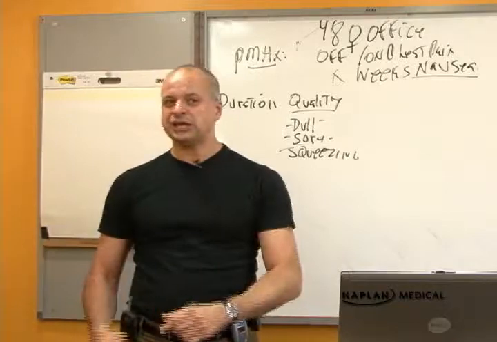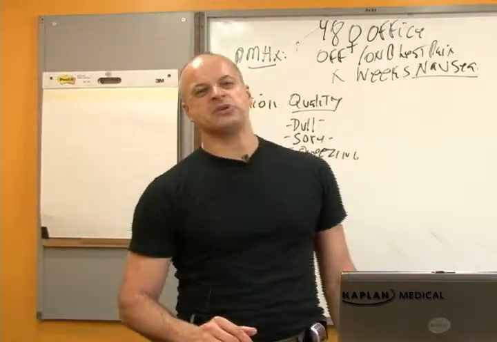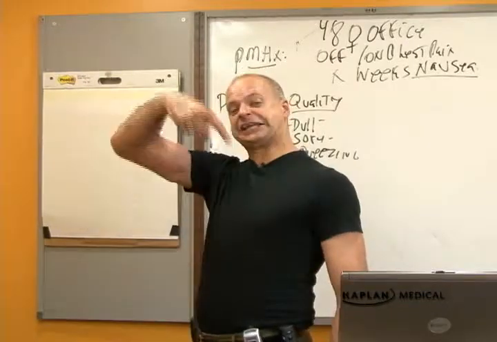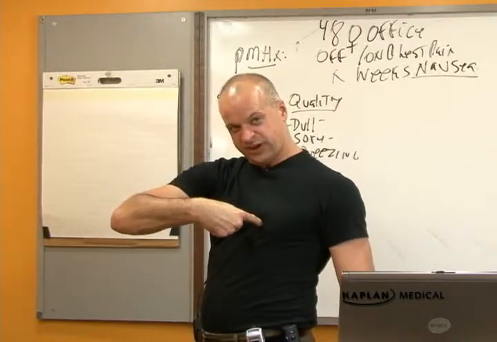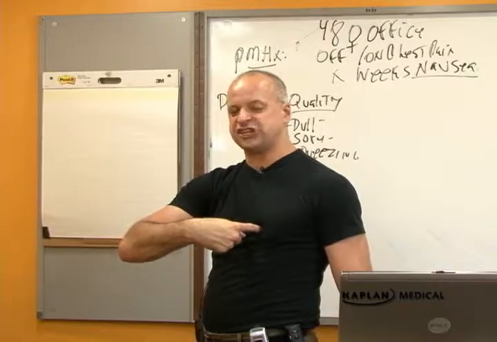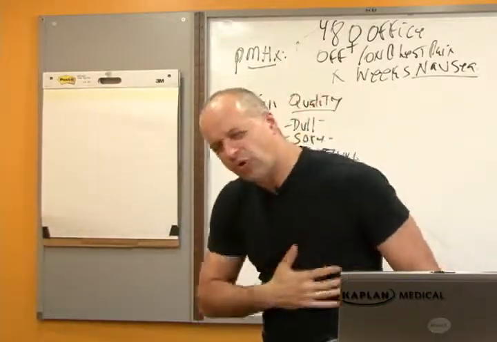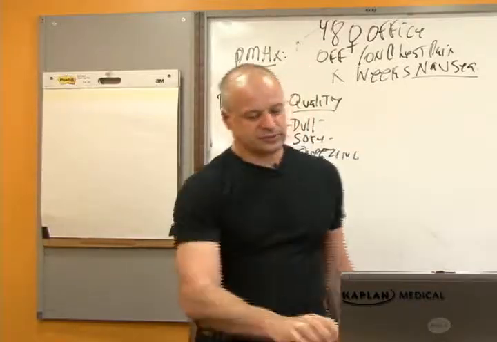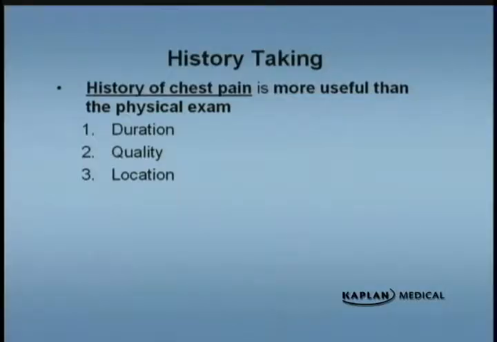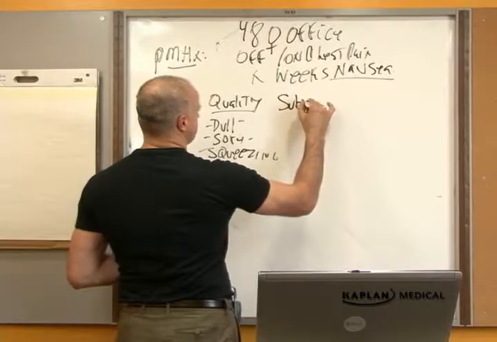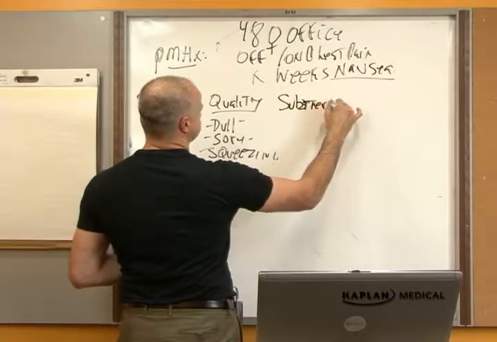If you say to the patient, can you point with your finger exactly to the one point where the pain is, and the guy says, yeah, it's exactly there, pointing with a finger, 95% of the time it's not ischemic. Ischemic pain can't be localized to one itty-bitty point. It's sore, it's substernal. Location: 95% of ischemic pain is substernal.